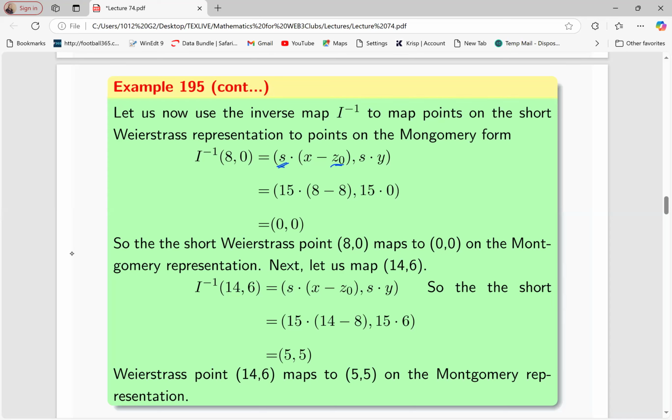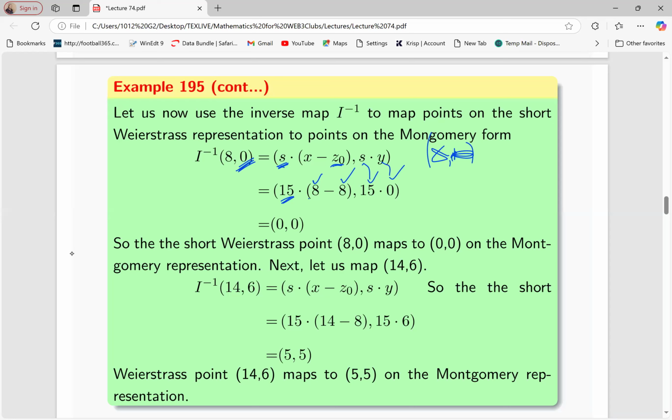So in our question, our S we had found to be 15. And then we are converting 8, 0. So our X is 8. Z0 we also found to be 8. S is 15. And Y is 0.